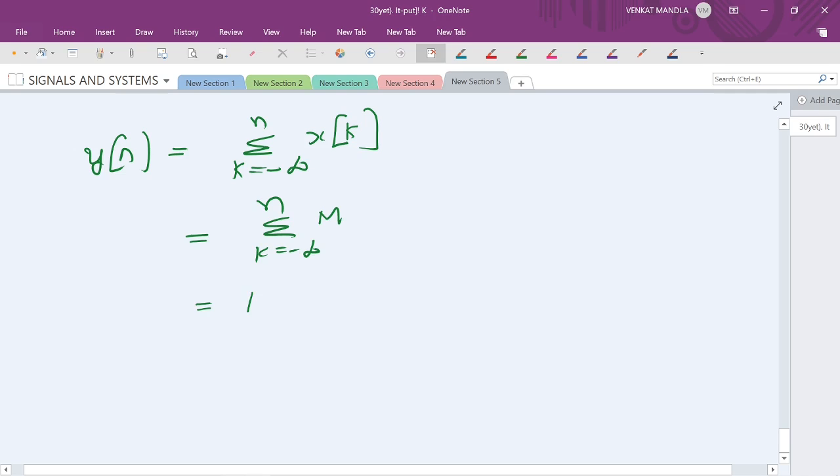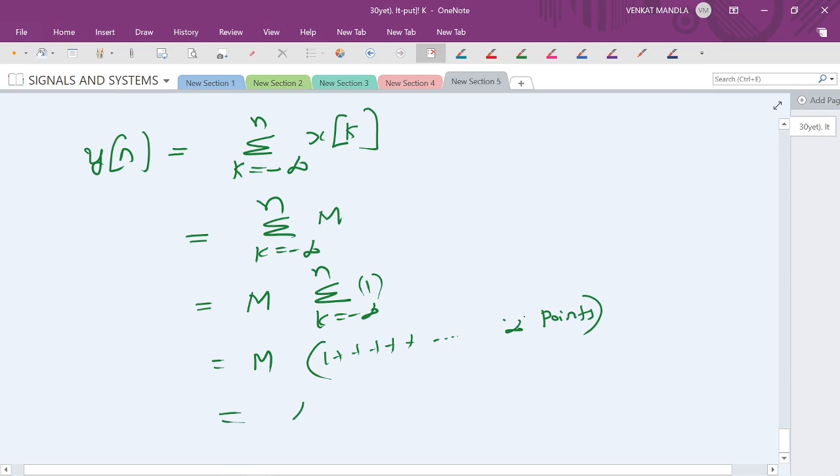If m is constant, m times the sum over k from minus infinity to n. How many points are there? 1 plus 1 plus 1 plus and so on, from minus infinity to n, infinite points. You will get infinity. So the system is unstable.